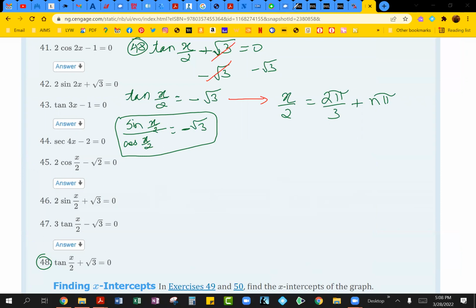So what's our x over here? Is it -2 square root over 3? -2 square root over 3. Okay, how are you getting that?